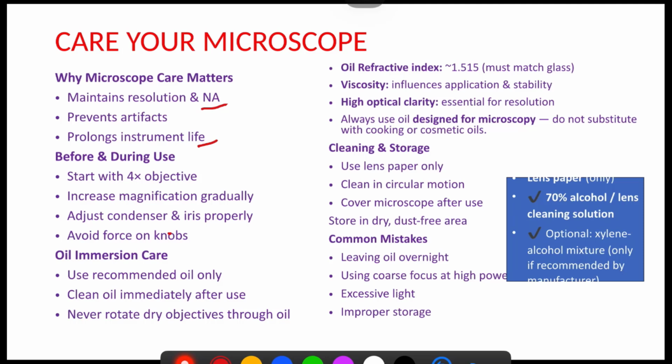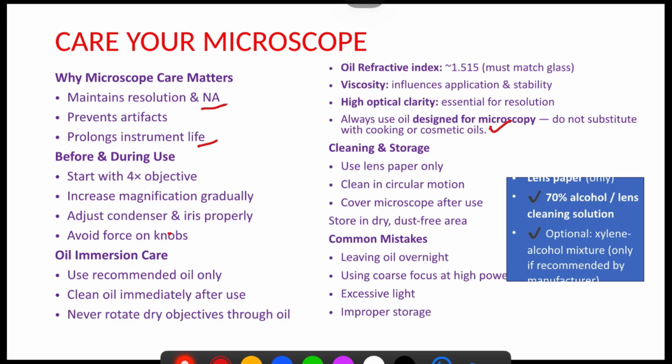The refractive index of the oil you will use is 1.515. Viscosity influences application and stability. High optical clarity is essential for resolution, and always use oil designed for microscopy. Do not substitute with cooking or cosmetic oils. For cleaning and storage, use lens paper only.